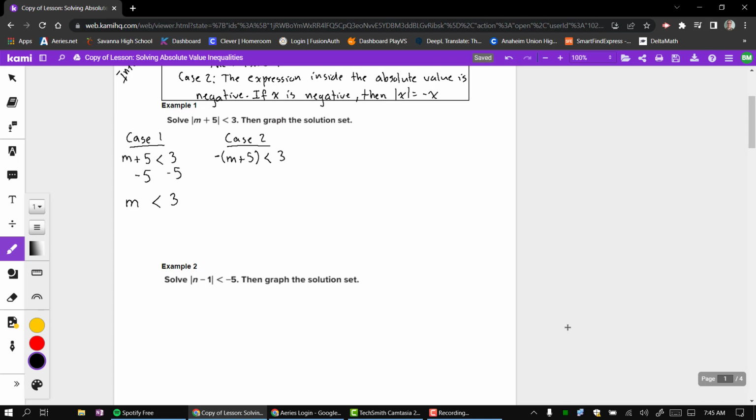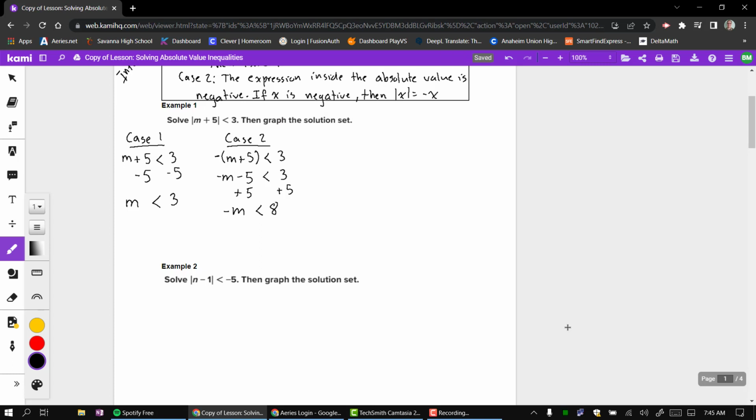So I multiply through by a negative. So negative times a positive m is a negative m. Negative times a positive 5 is a negative 5. And that's going to be less than 3. So now I'm going to solve this inequality. So I solve it by adding 5 to both sides. So that gives me negative m is less than 8.